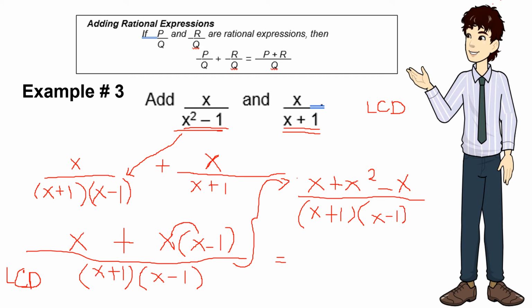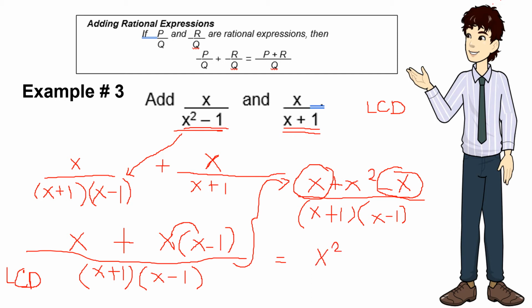Then, masisimplify natin yung x. Similar siya dito sa negative x. Yan. So, pwede natin silang i-combine. So, we have x minus x. So, makakancel siya, magiging 0. So, copy na lang natin yung ating x squared.